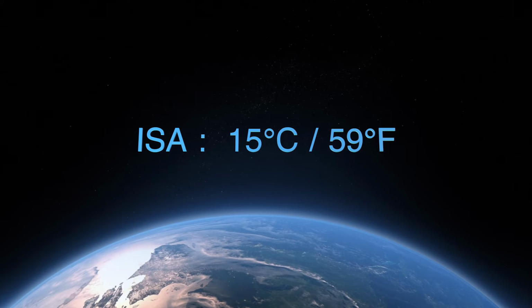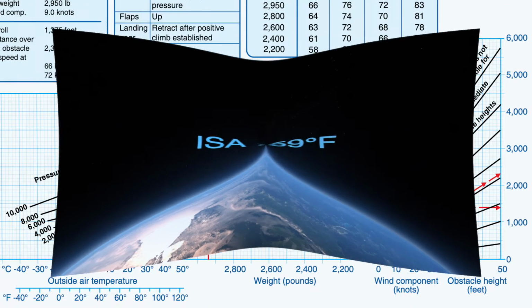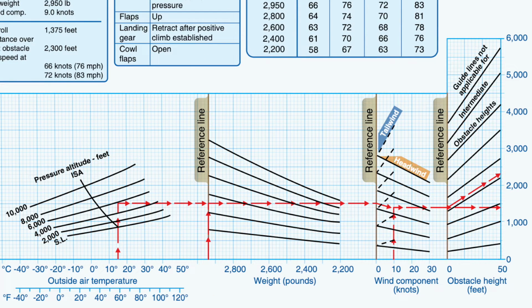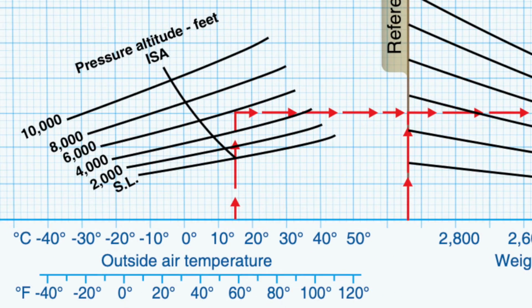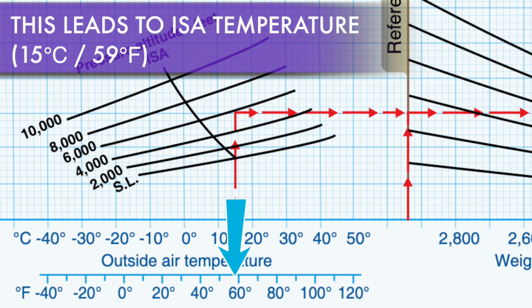For takeoff distance questions, the details of standard conditions are not clearly given. Or is it? If you're human and happen to forget this standard temperature while sitting for an exam, it happens, don't worry. Just track down this black line under the ISA on the chart, then go straight down from the end of that line and you will end up on the temperature scale right at 15 degrees Celsius and 59 degrees Fahrenheit.